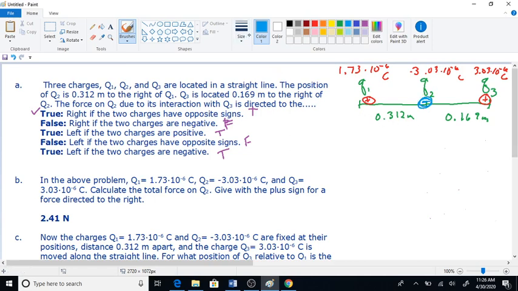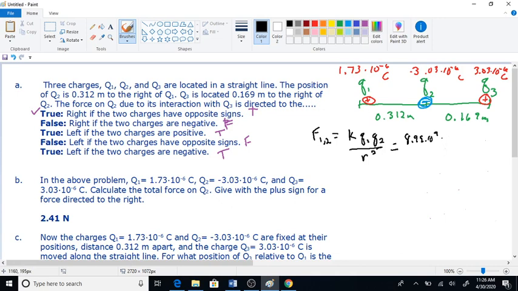Okay, so first off, we need to find F1 to 2. What is 1 doing to 2? This is Coulomb's law. Q1, Q2, and the distance squared. So we put this in here. K is 8.99 times 10 to the 9th, and then we have this one and this one.